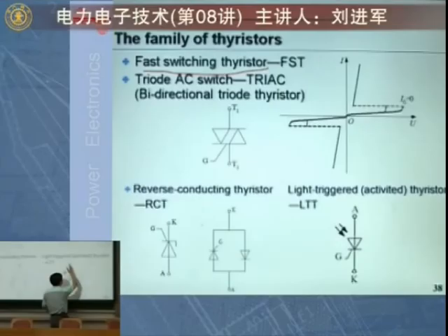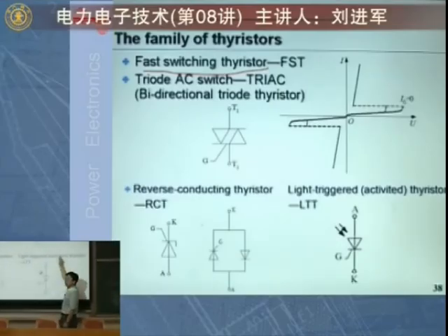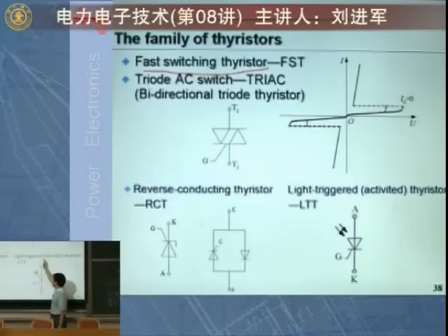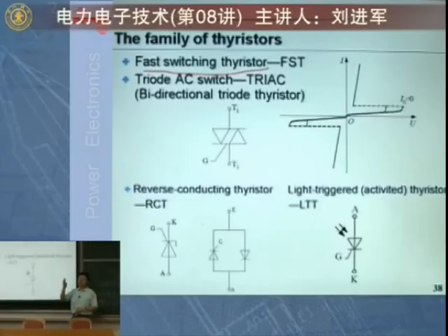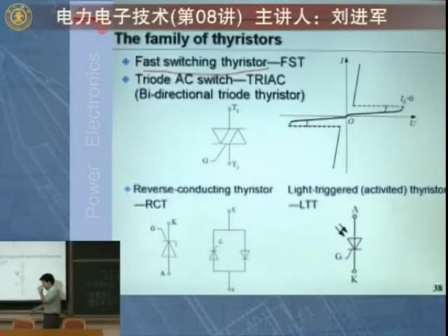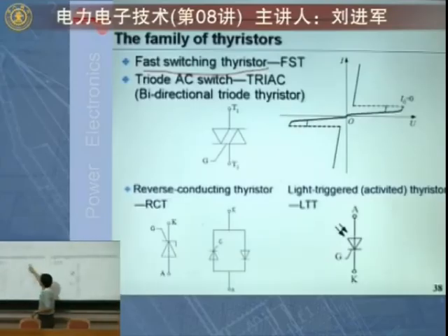In the positive direction, you can control the turn on of the thyristor. In the negative direction, when you apply negative voltage, then it is the other thyristor to control the conducting or blocking of that current. So for both directions, you have the ability to control the current flow. That's triac.